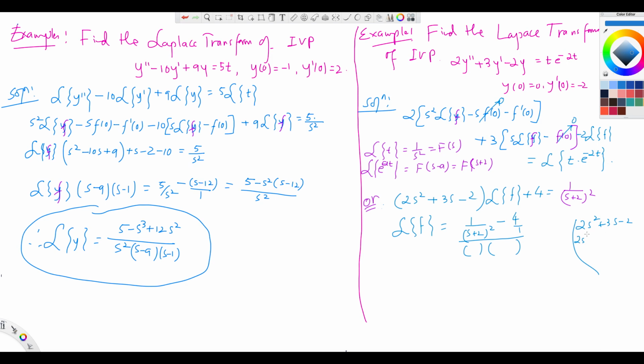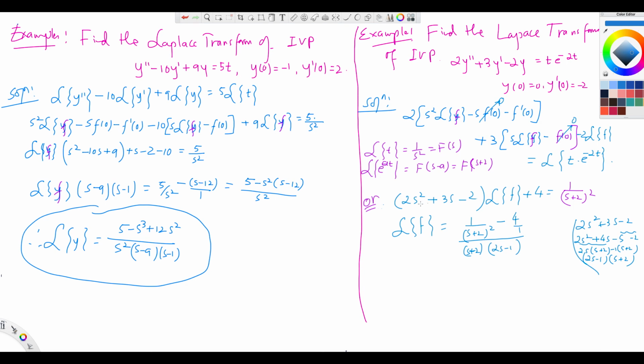So you write 2s squared and then minus 2, sum is positive 3, product is negative 4, so it will be 4s minus s. You see that? Now you group these two and that 2, so 2s common, s plus 2, and then minus 1 common, take out s plus 2. What are the two factors? 2s minus 1 and then s plus 2. You see that? It is s plus 2 and then 2s minus 1.